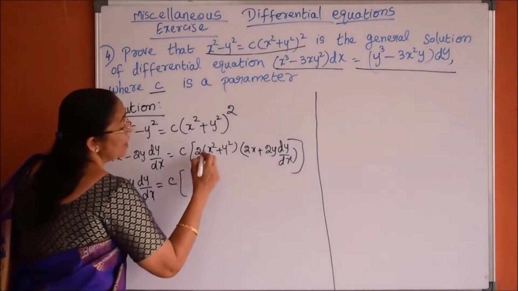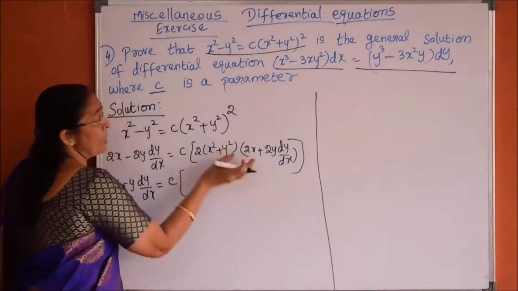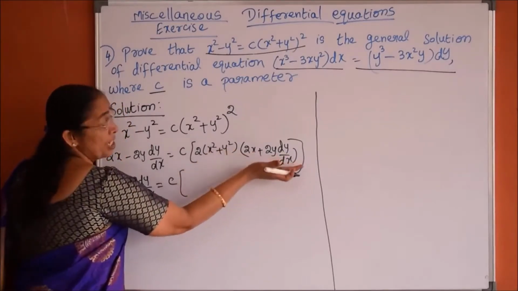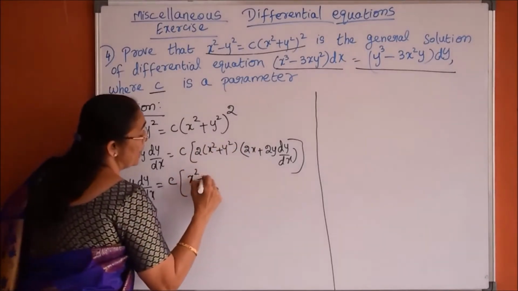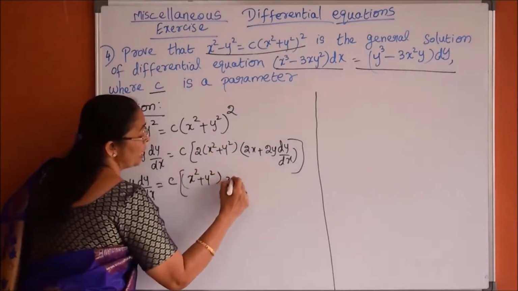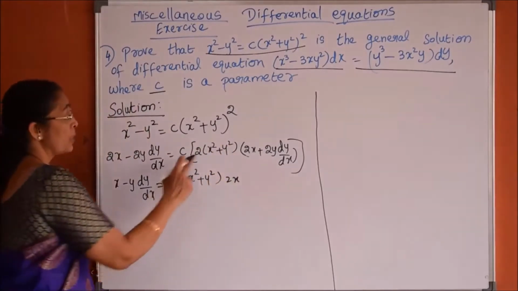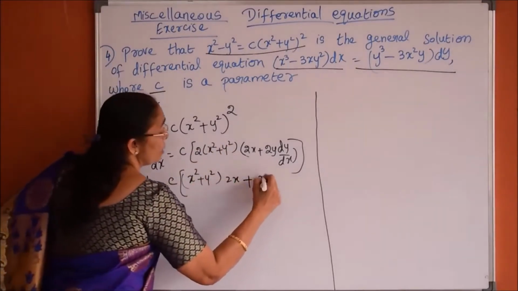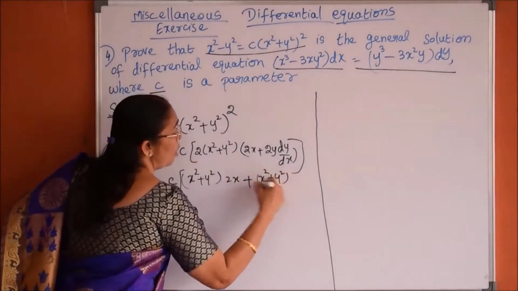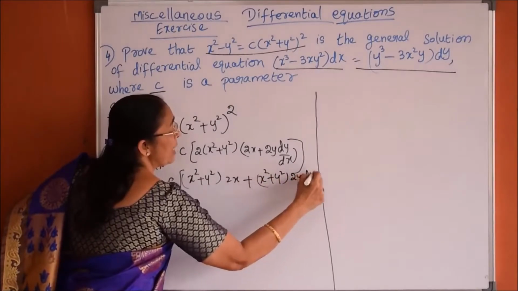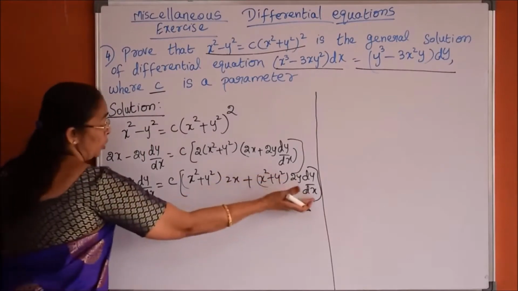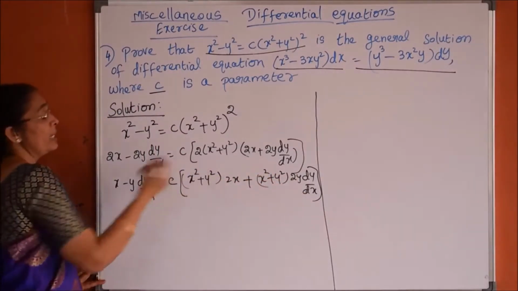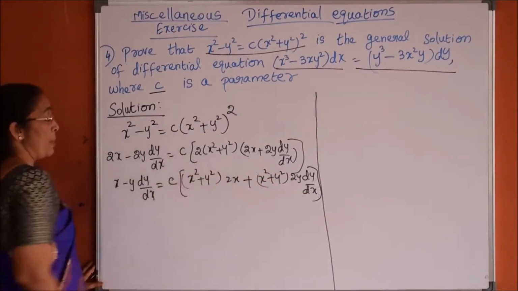We are having (x square plus y square) into 2x as one term, plus (x square plus y square) of 2y into dy by dx as the next term. So, we can group the dy by dx terms and the 2x term separately.